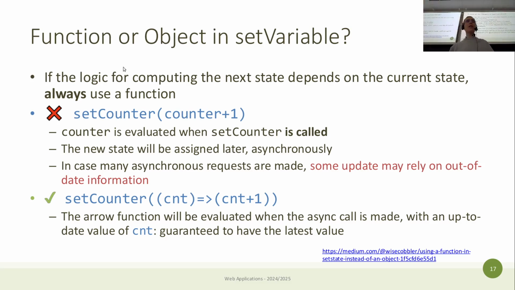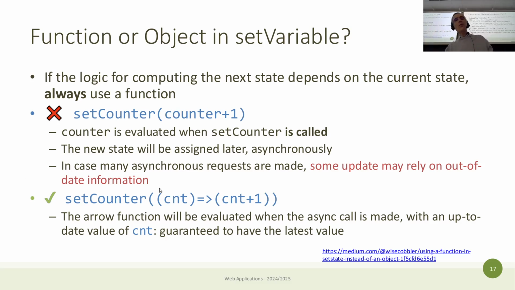We call React with, let's say it was 5 plus 1, 6. But then a second handler comes in and says, again, counter plus 1. And we call again set counter 5 plus 1, 6. So we have two set counter 6. But we click twice. We would like to see the result as 7, not 6, right?